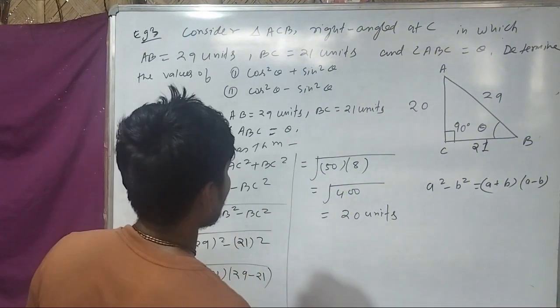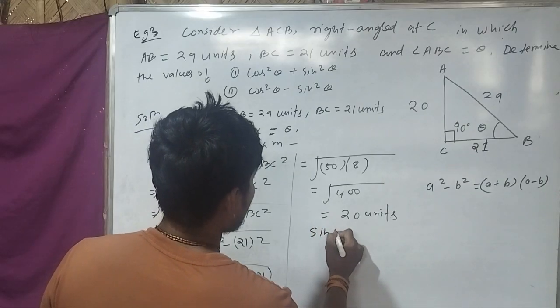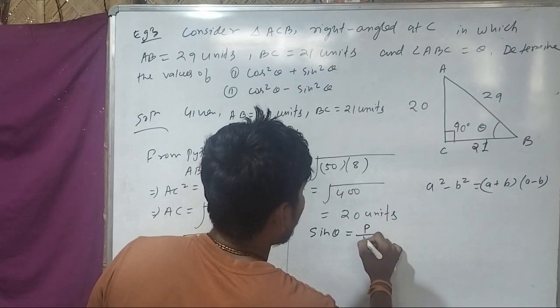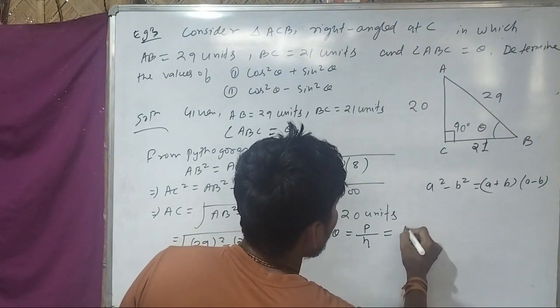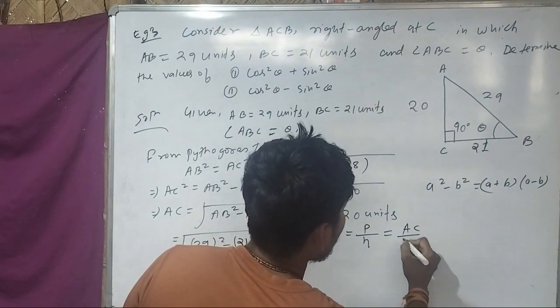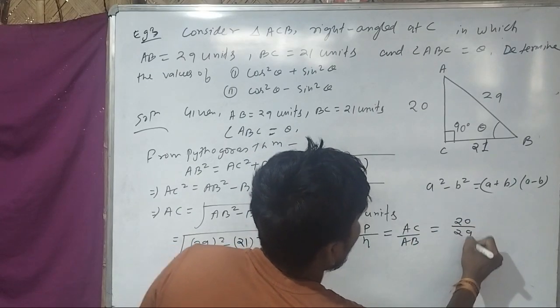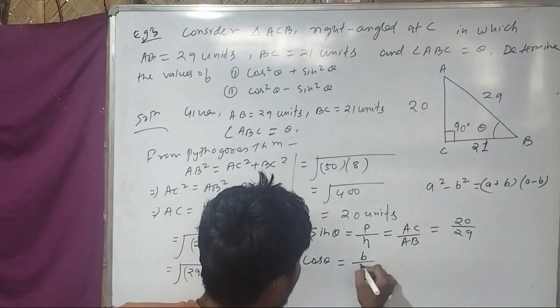Now what can we find? We need sin theta. If this is theta, sin theta is perpendicular by hypotenuse. With respect to theta, AC is the perpendicular and AB is the hypotenuse, so sin theta is 20 by 29. Next, cos theta is base by hypotenuse.